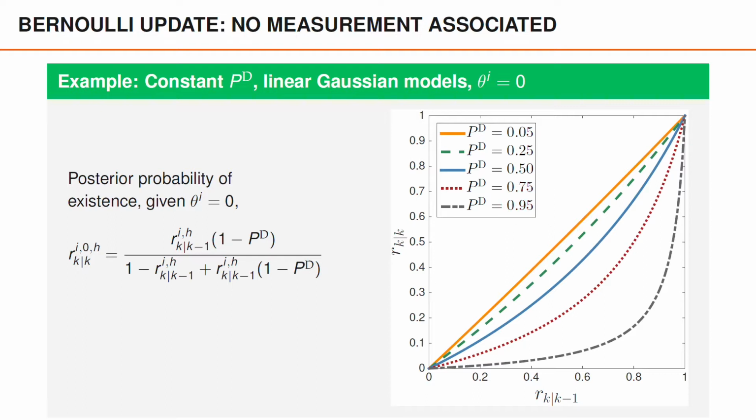We can see that for any given value of the prior probability of existence, the higher the probability of detection is, the lower the posterior probability of existence is. This is natural. The higher PD is, the lower the probability of misdetection is. And the lower the probability of misdetection is, the more probable it is that an object does not exist, relative to how probable it is that the object exists but was not detected.